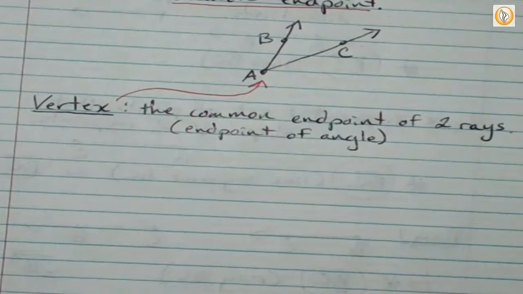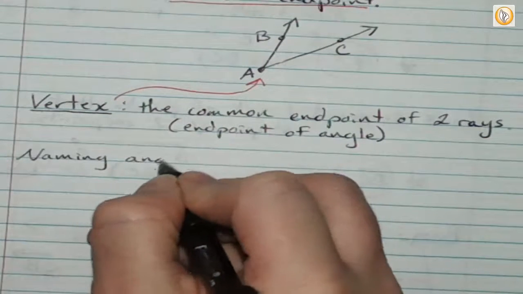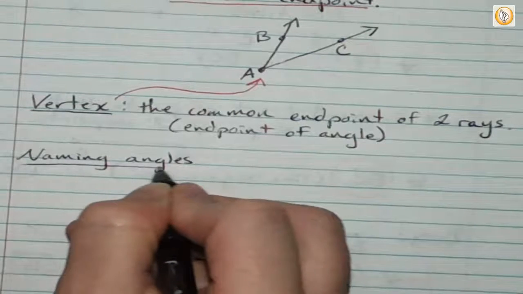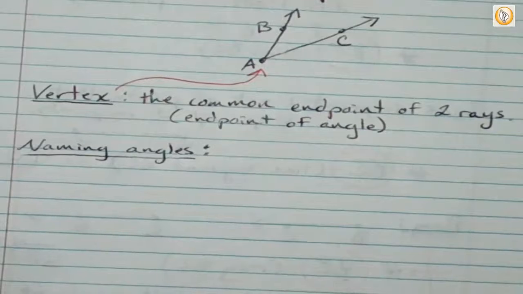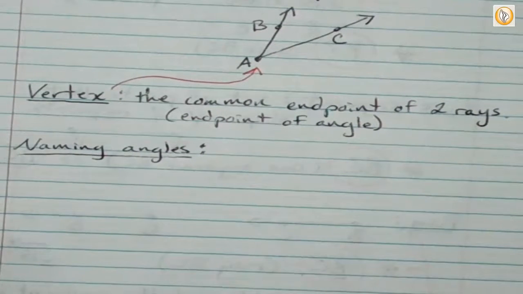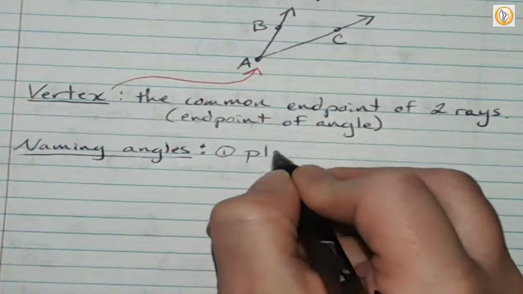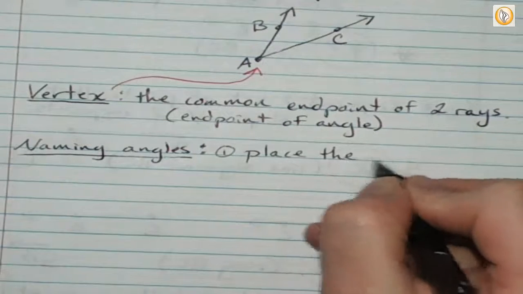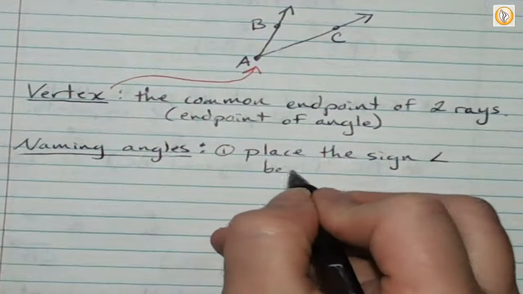Now, you may not think that's all that important, but it is. When you are naming angles, again, just like the rays, here's a problem that a lot of students face, and they say, I don't understand why I get this wrong. Well, it's such a minute little problem, but it will get you in trouble every time. So, step one, you're going to place the angle sign before the letters.